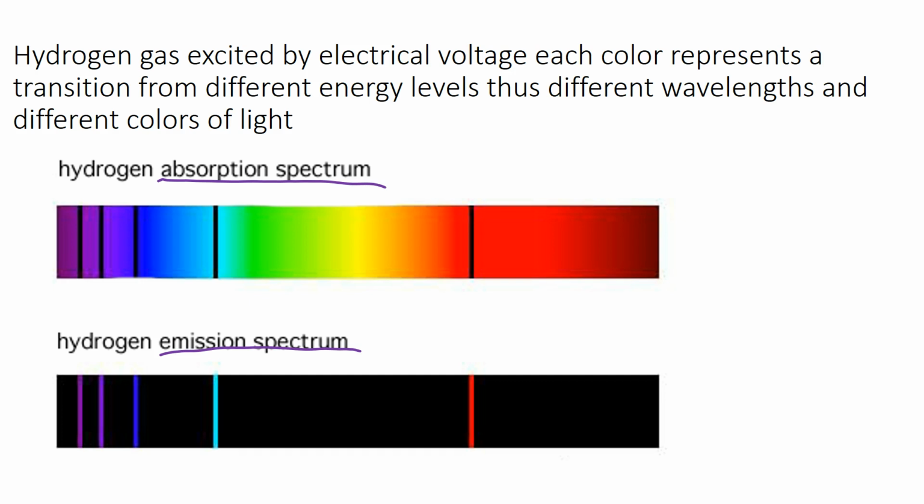What do you notice about the emission spectrum and the absorption spectrum on here? It's inverted. It's like the emission spectrum is the negative to that. So if I take this and I slide it up, it's going to fill in the gaps.